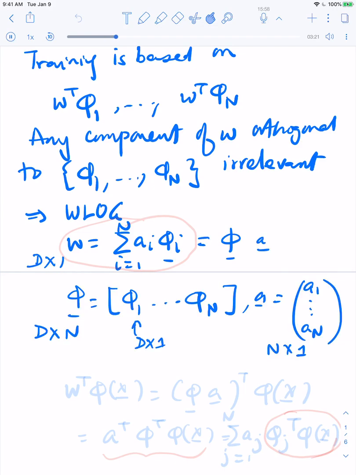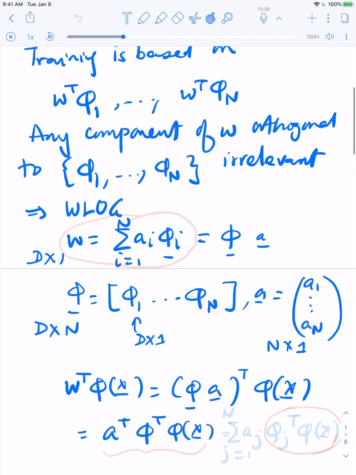So once we do this, let's go back and look at what the output or the decision variable is for a generic feature vector for any generic data point, whether it's during training or during inference, right? So I'm just going to plug in W here. So W transpose is A transpose phi transpose, and then I'm multiplying it by phi x, and that's A transpose phi transpose phi x.